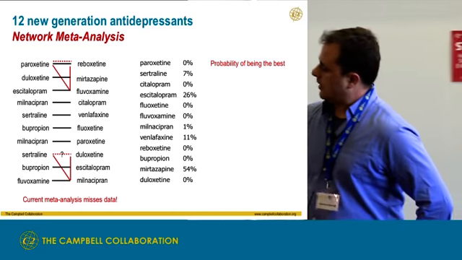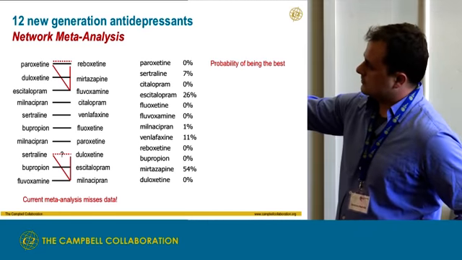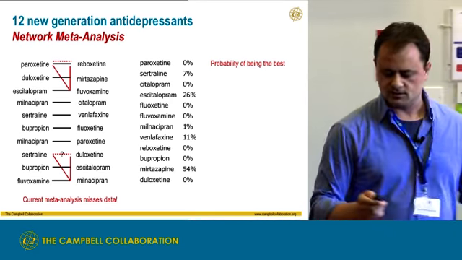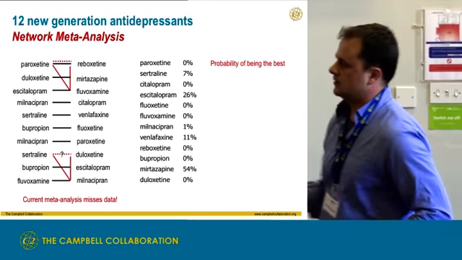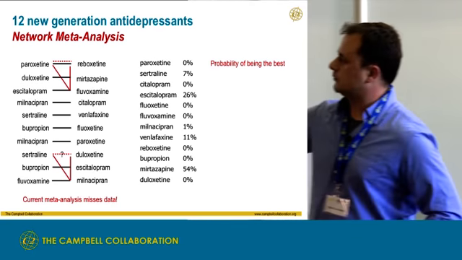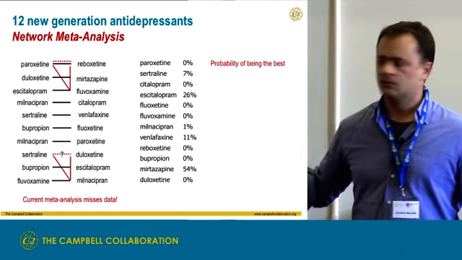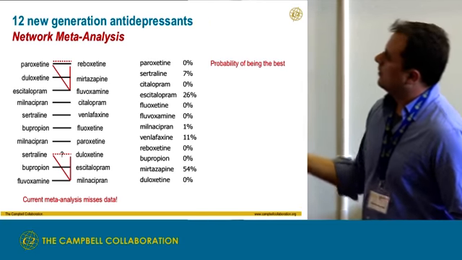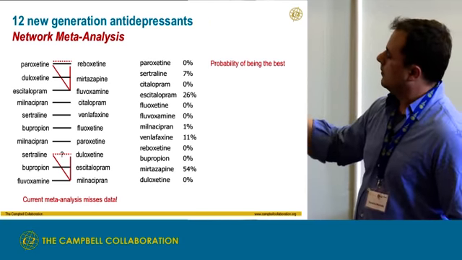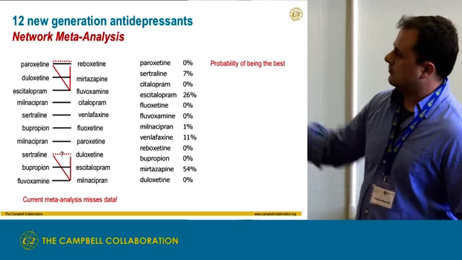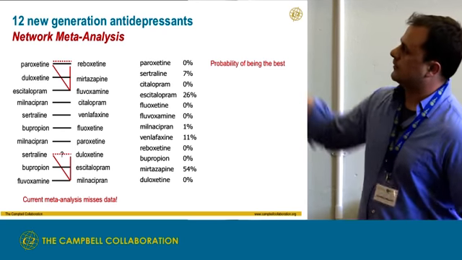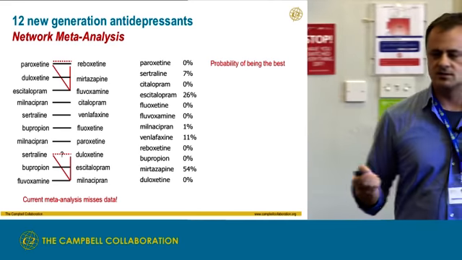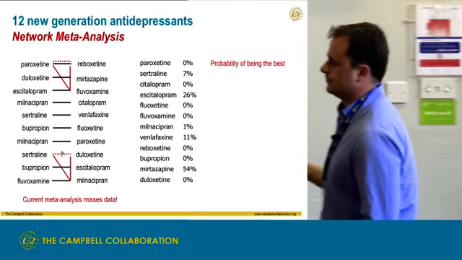So as I told you before, I don't have studies comparing sertraline and duloxetine. So here I don't have direct evidence, I only have indirect evidence. For example, both of them are compared to milnacipran, and I use that to get an estimate for the relative effectiveness. I have studies comparing paroxetine to reboxetine, but both of them are compared to fluvoxamine, so I can get both direct and indirect evidence and synthesize it.